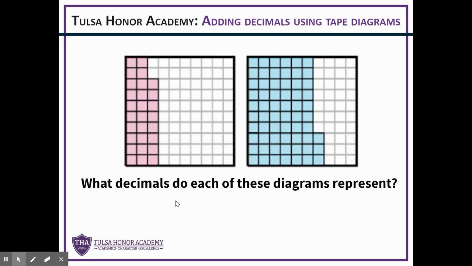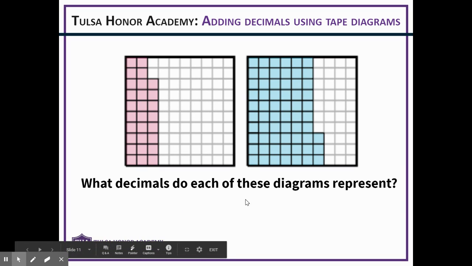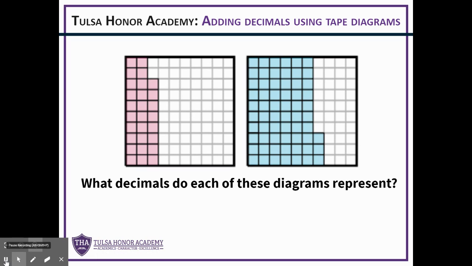So you'll put this one, and then you'll say plus this one. We'll take about 30 seconds to do that. The reason we're looking at these tape diagrams is because this is a way to visually look at how we add decimals and why they turn out the way they do.